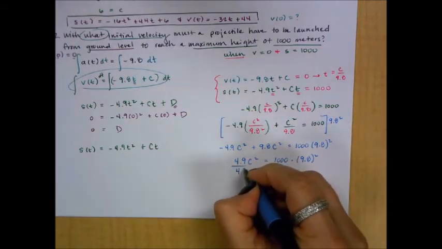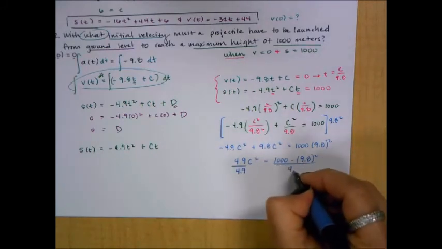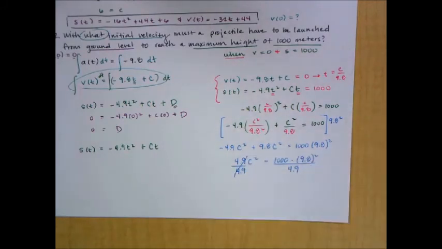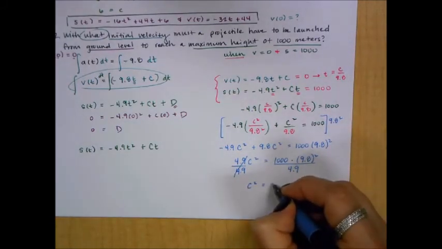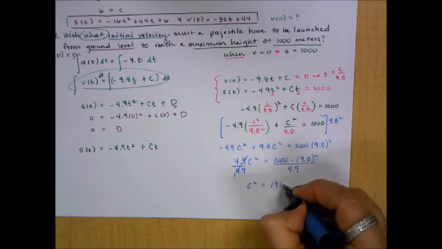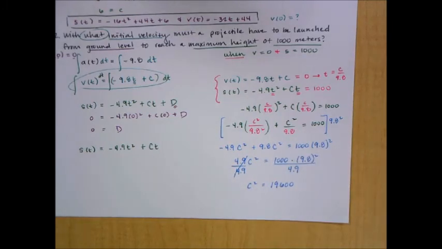So at this step, I can use my calculator here to get c squared is equal to 19,600. And so c comes out to 140.